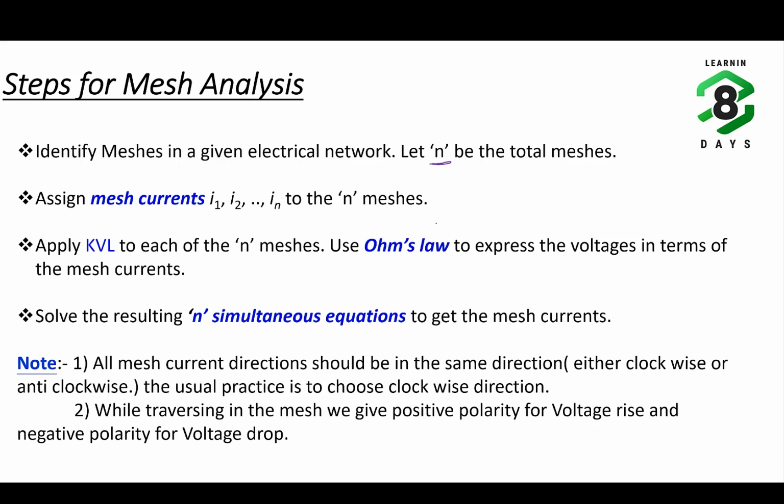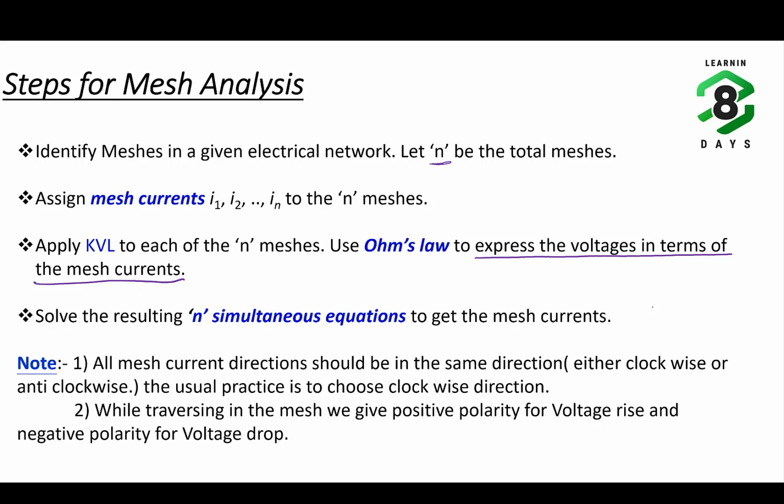By applying KVL in the n meshes and by using Ohm's law, express the voltages in terms of mesh currents. This is important. Express the voltages in terms of mesh currents, and for each mesh you will get one equation. So for n meshes you will get n simultaneous algebraic equations. By solving these n simultaneous algebraic equations, you will get the n mesh currents.